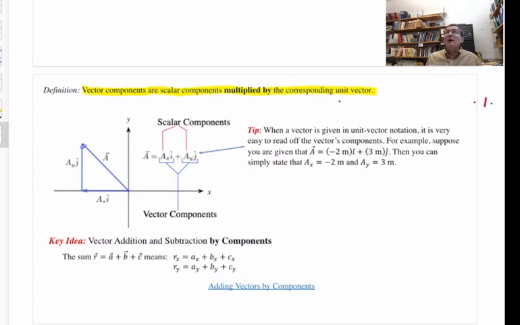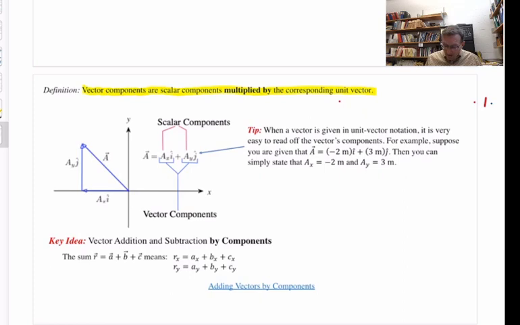So if you know the scalar components, let's take a two-dimensional situation, the x scalar component and the y scalar component of a vector, multiply the x scalar component by the corresponding unit vector for the x direction, i hat, and you'll have the x vector component. Take the y scalar component and multiply that by the corresponding unit vector for the y direction, that's j hat, and you have the y vector component. So that's what I'm showing you in this word equation right down here.